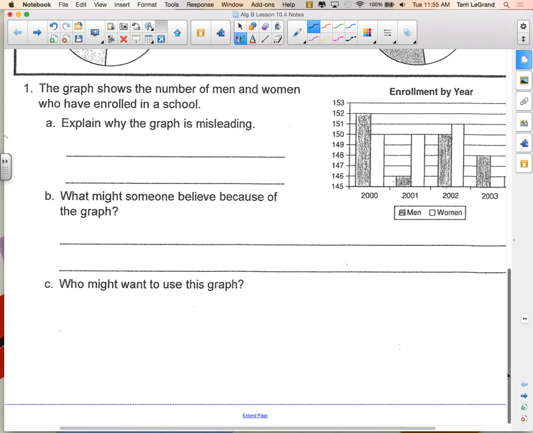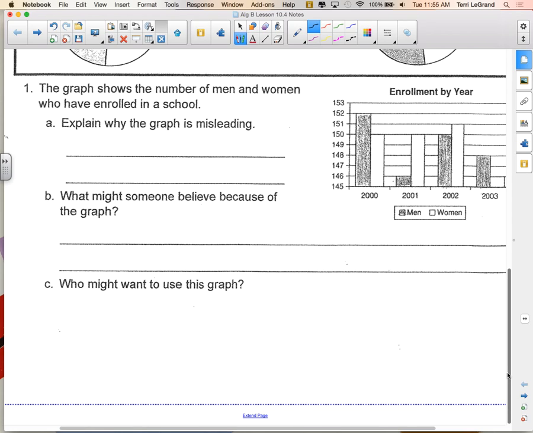Right? The graph doesn't start at 0. Okay. We've got to be more specific than that. Which part of the graph does not start at 0? The number of men and women. So how about, could we also just say maybe this way we could say the vertical scale does not start at 0?